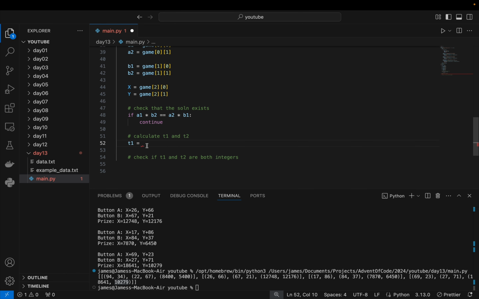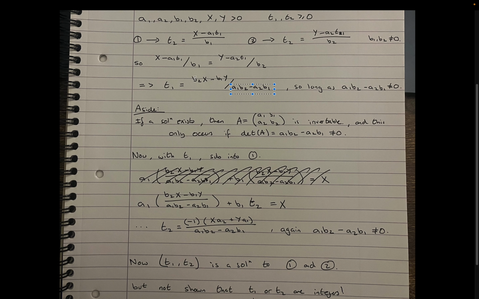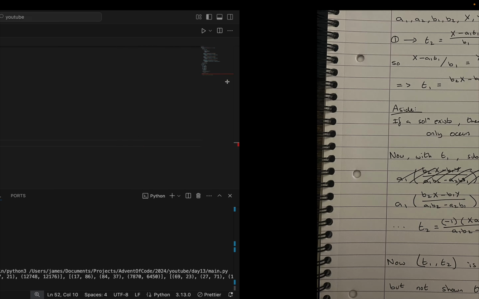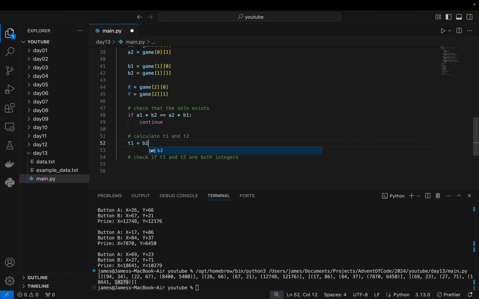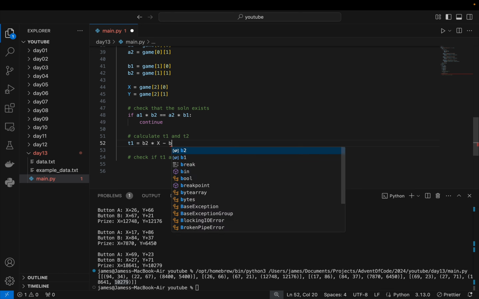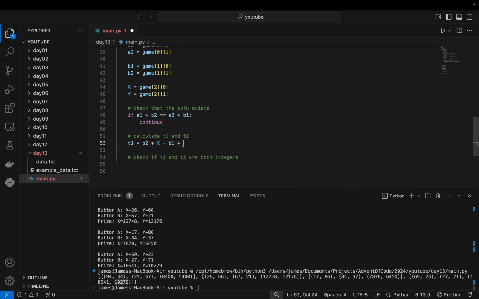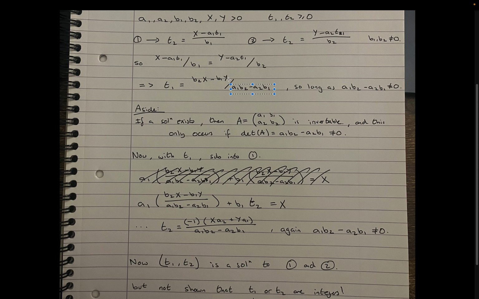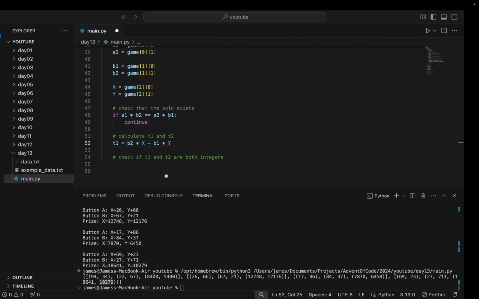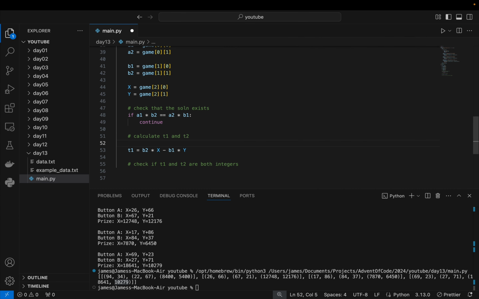Okay, so now we're confident that there is a solution to this game, and we can go ahead and calculate them. So T1, we found here, is going to be B2x minus B1y, so B2 times x minus B1 times y. Just check that. Yep. And this is going to come up often here, so I'm going to calculate that at the top. I'm going to call that determinant of the matrix.